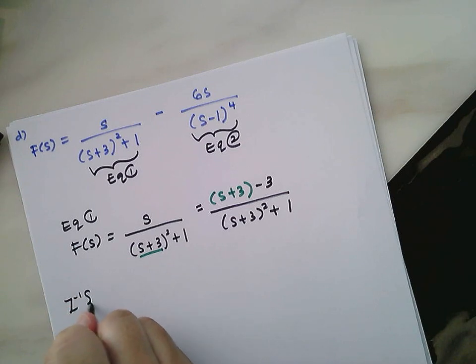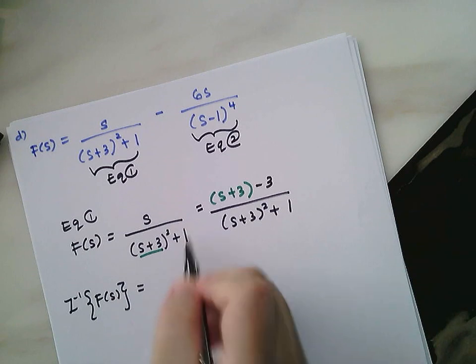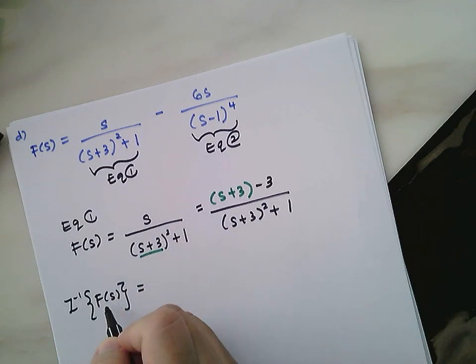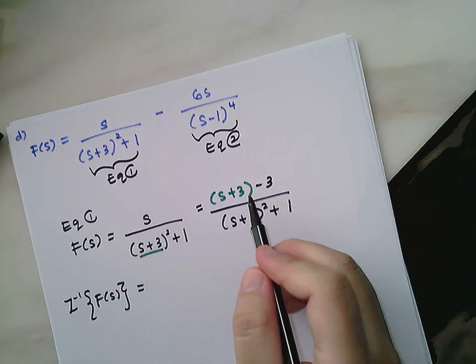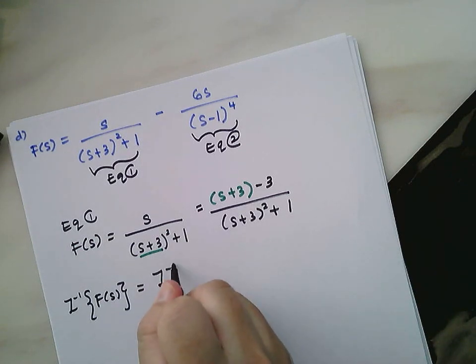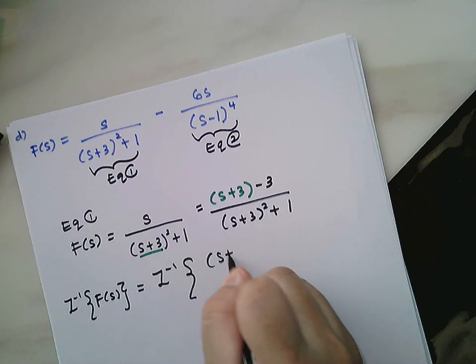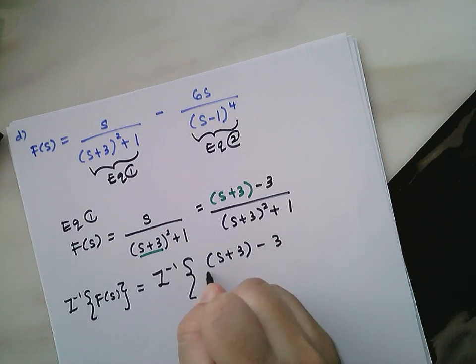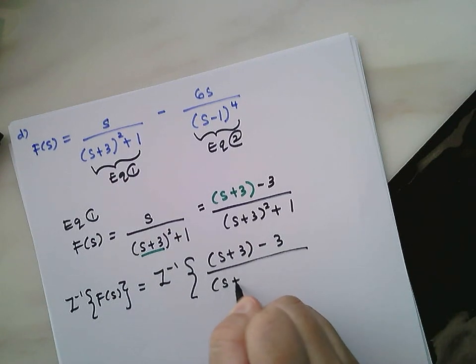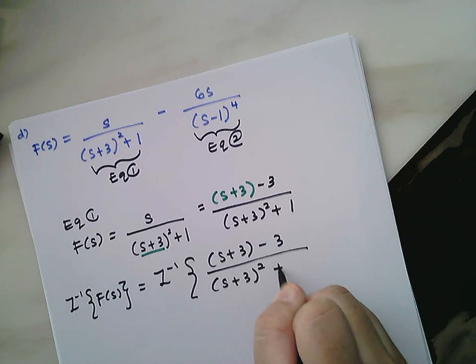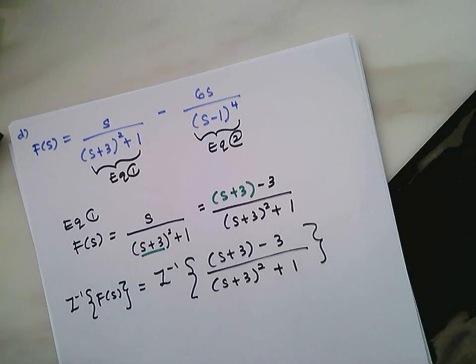So the Laplace inverse of F(s) is equal to, so inverse the whole thing here. I don't want to write it because I already have this one. So this one, the inverse of (s plus 3 minus 3) over (s plus 3) squared plus 1. So here you need to apply linearity properties. Why linearity properties?